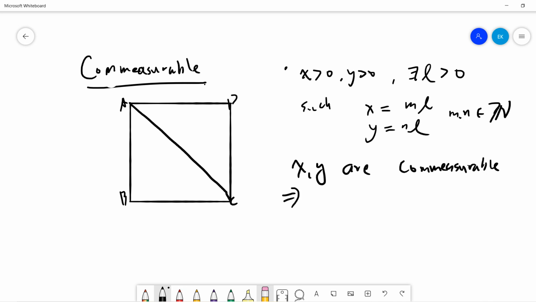One easy consequence is that x divided by y will be m divided by n, which is rational. So the idea is that if x and y are commensurable, then their ratio is rational.